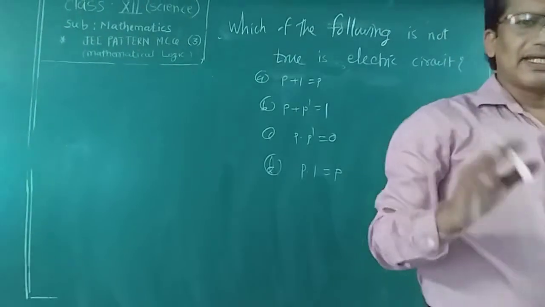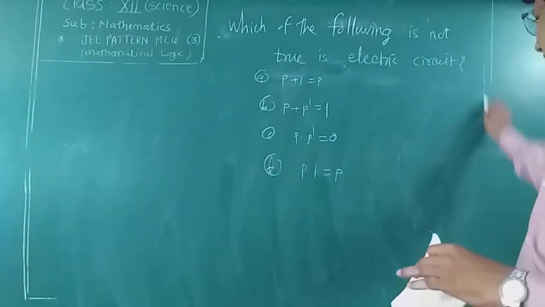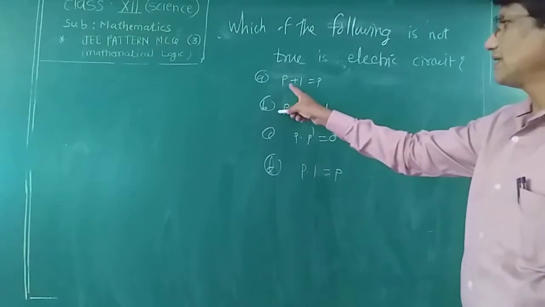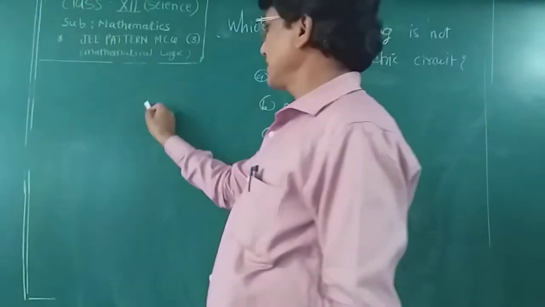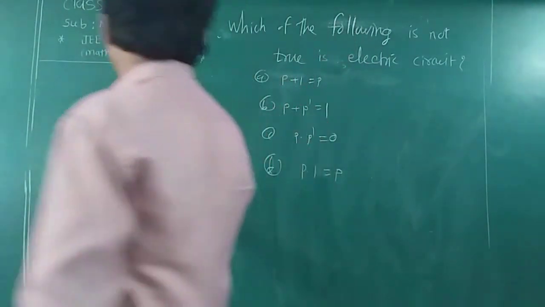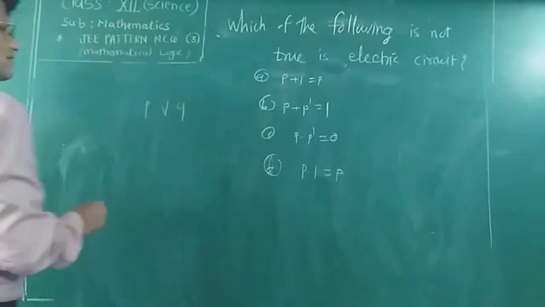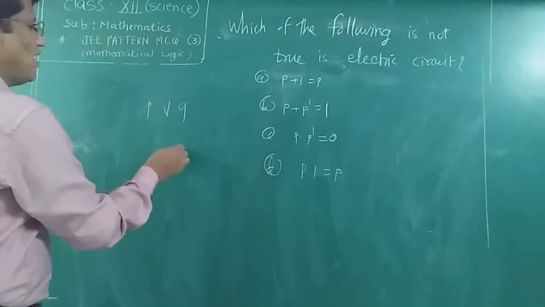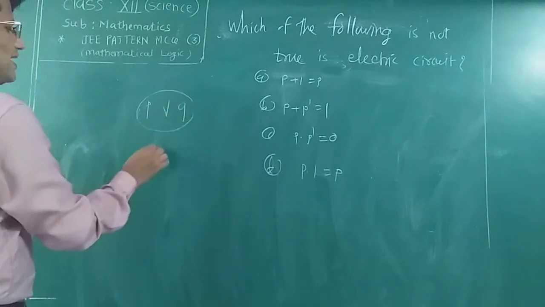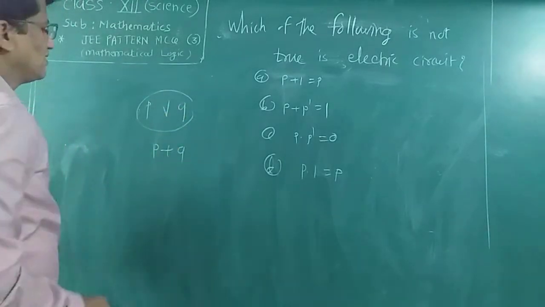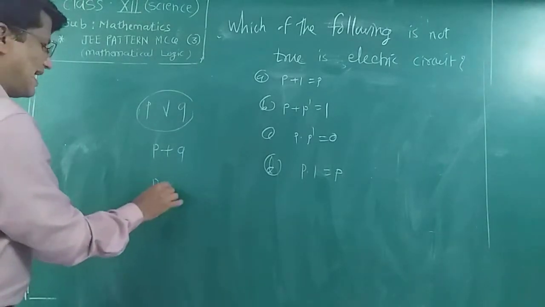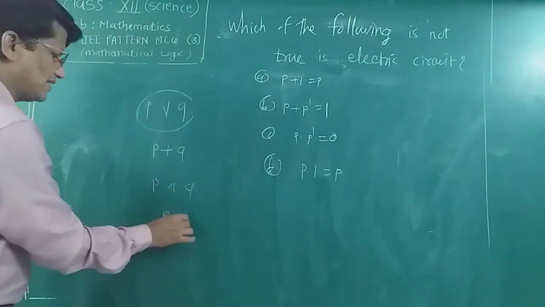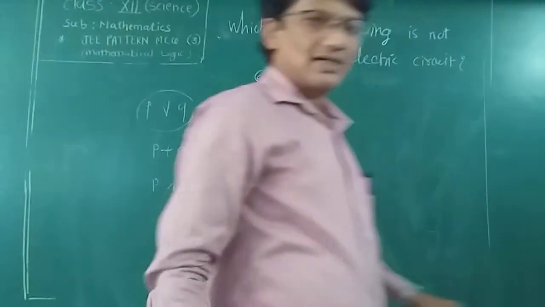For electric circuits, we know some rules. Suppose this is P, this is Q, and here R. Instead of R, we can represent it as P plus Q. For R there is a plus sign. For the second one, P and Q, P dot Q, only these two changes.